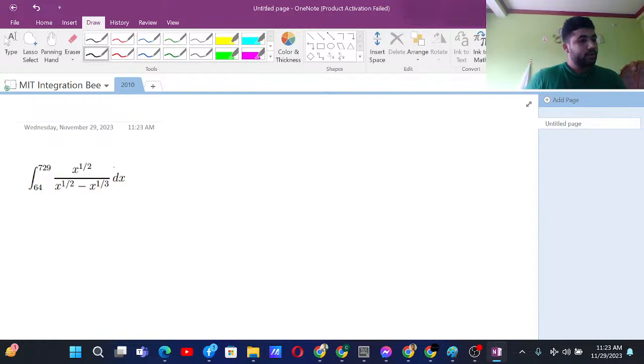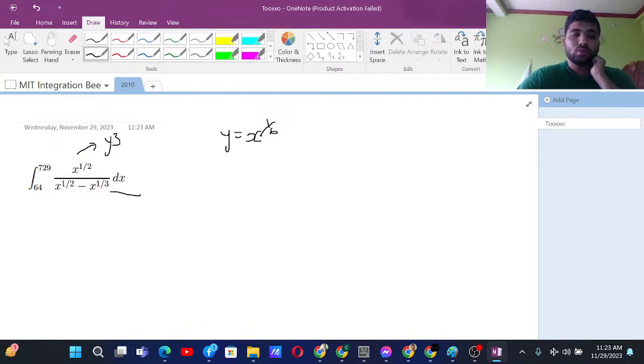Okay, so the idea we use for this problem is that we have x to the power half and x to the power 1/3 as well. So if we let x to the power 1 by 6 be y, then these will be just y cube and y square. So there will not be any variable with fractional powers.